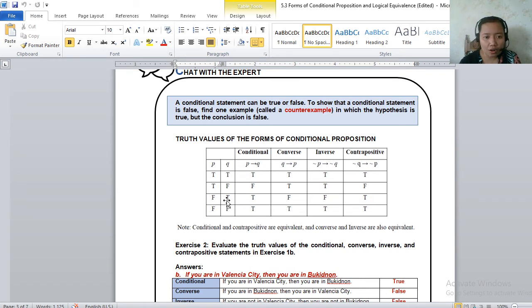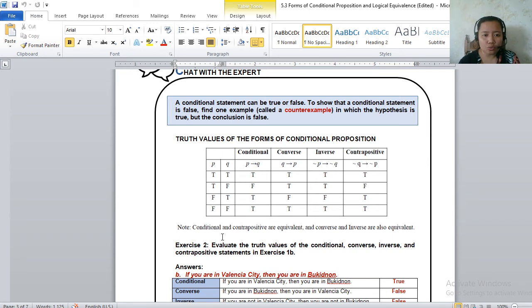Since we all know that for a conditional proposition, if P is true and Q is false, then that is the only false result for the conditional proposition.